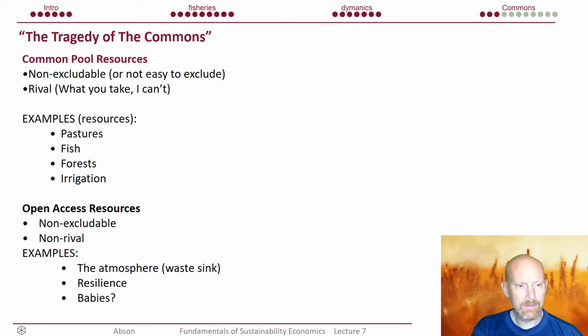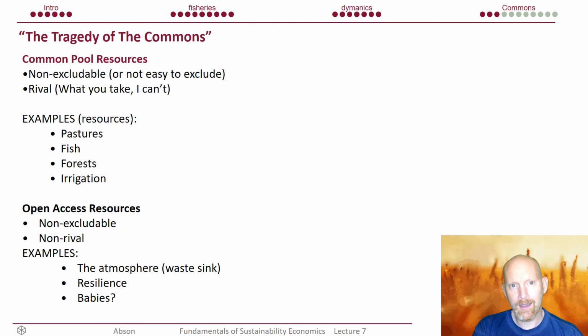So open access resources are a bit interesting, so maybe I'll talk about that in a little more detail. If it's non-rival, how can you overuse that resource? Because me using it doesn't stop someone else using it. Well, in the case of the atmosphere, for example, me putting a ton of carbon into the atmosphere doesn't stop you putting a ton of carbon into the atmosphere.